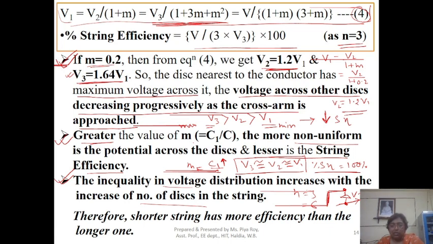And the string efficiency expression is the string voltage divided by the number of discs, 1, into the voltage nearest to the conductor. So here with one disc, V equal to V1, so we have V1 by V1, obviously 100%. If we increase the number of discs, obviously the variation of voltage is there, and string efficiency drops, okay.